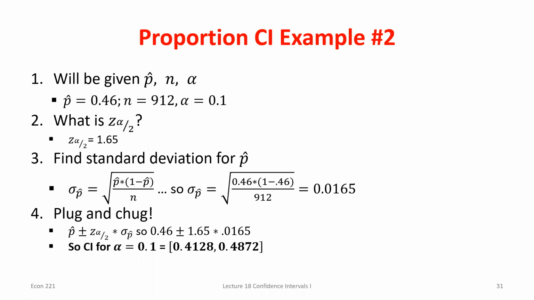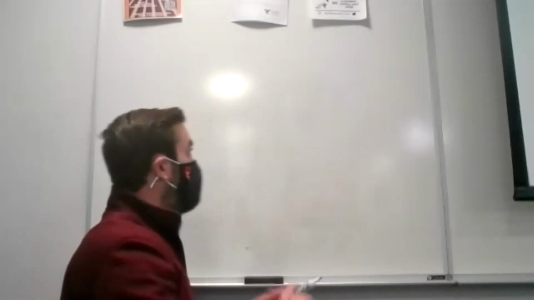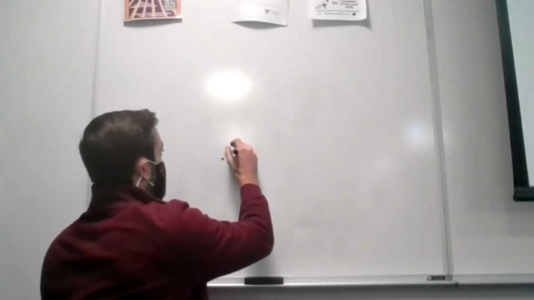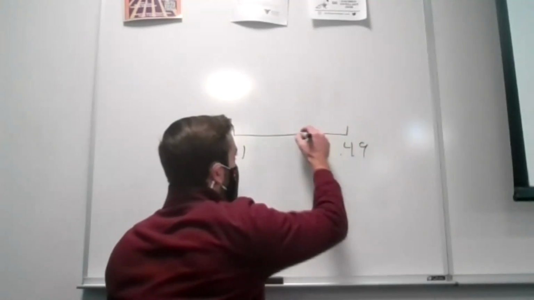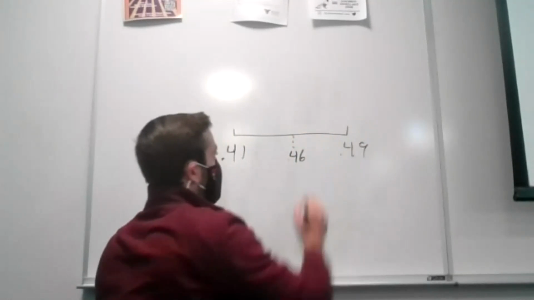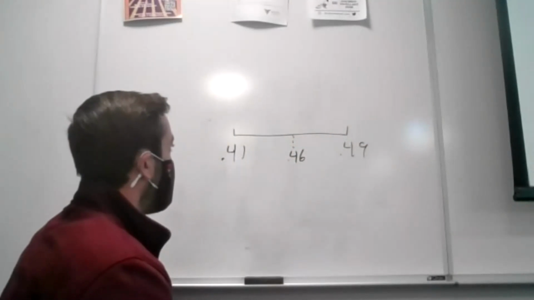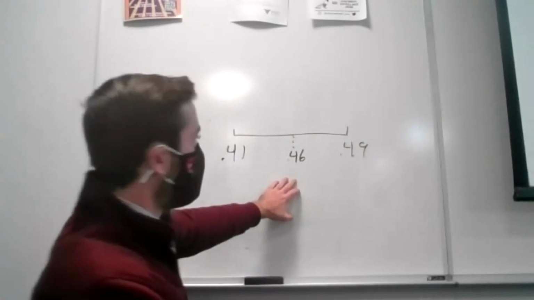So, erase this here real quick. So I'm going to give you this thought experiment. Right? So 0.41 to about 0.49, and 0.46 was right in the middle. Right, is it 0.46? Hold on. Doesn't make any sense. Oops, that's not what I wanted to do.